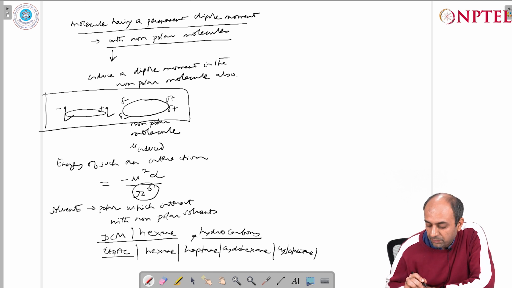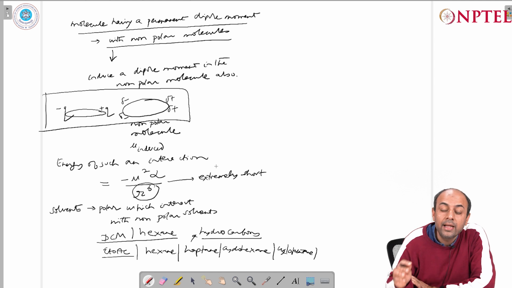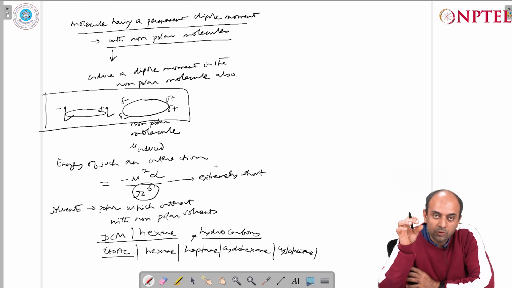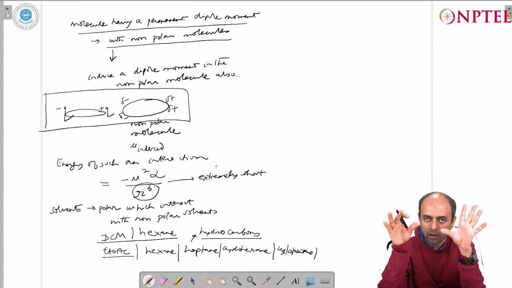And it is to be kept in mind that these interactions operate at extremely short distances. So if you slightly increase the separation between the non-polar solvent and the polar solvent, then the associated interaction via the mechanism of dipole induced dipole drops to 0.